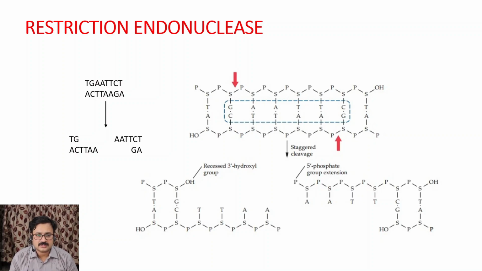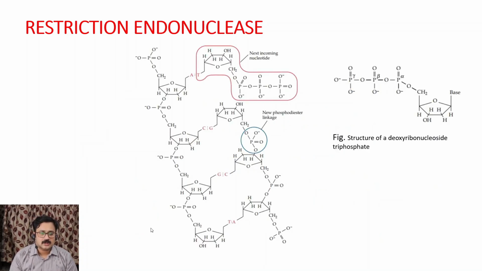Now, how does this restriction endonuclease cleave the DNA, or where exactly does it cleave this DNA molecule? Here this is one strand of DNA, and opposite to that another strand of DNA is synthesized. Basically, if A is there, then the incoming deoxyribonucleotide having T will be selected, because adenine and thymine are bound with each other, and cytosine and guanine are bound with each other.